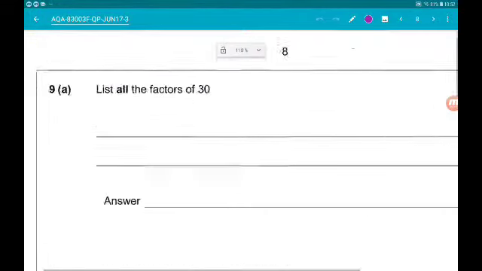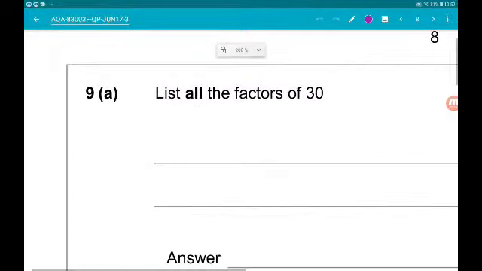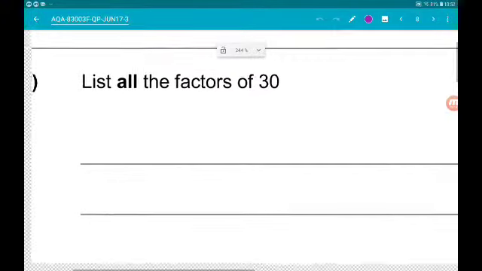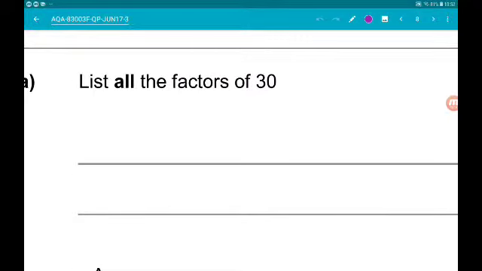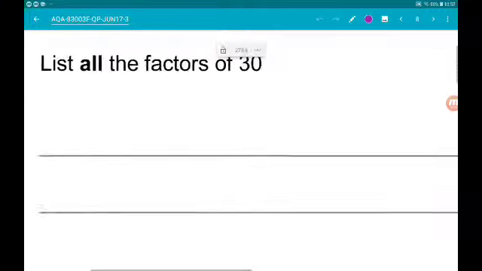Okay, question 9a. List all the factors of 30. So, factors are numbers that divide another number exactly. So, do these in pairs.